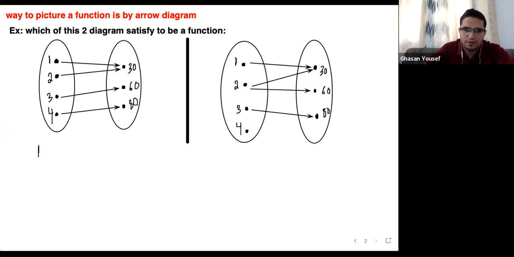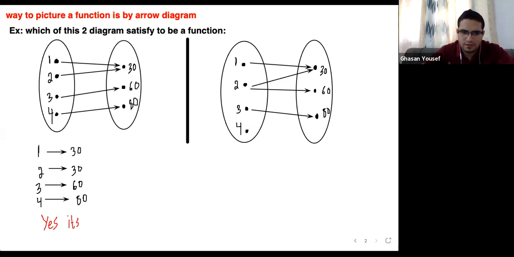So this represents a function. This is correct. It is a function. Why? Because every input takes exactly one output.